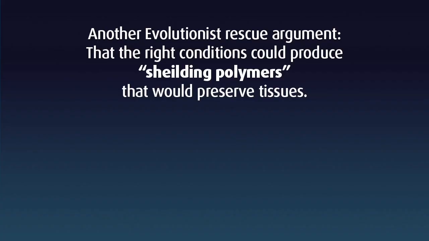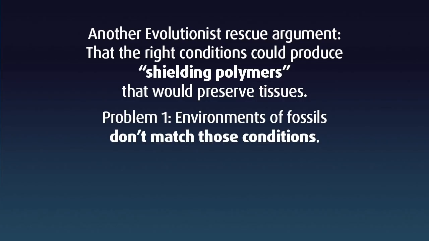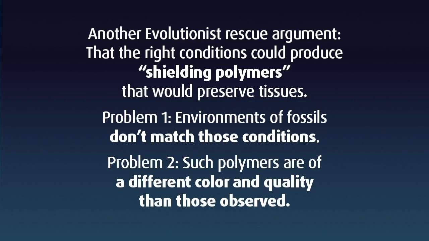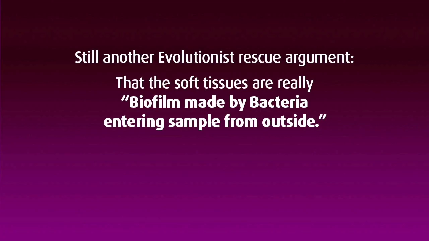Here's another argument, that the right conditions could produce what they call shielding polymers that would preserve tissues. The problem with that is that the environments of the fossils don't match those conditions, and such polymers are of a different color and quality than those that are observed.